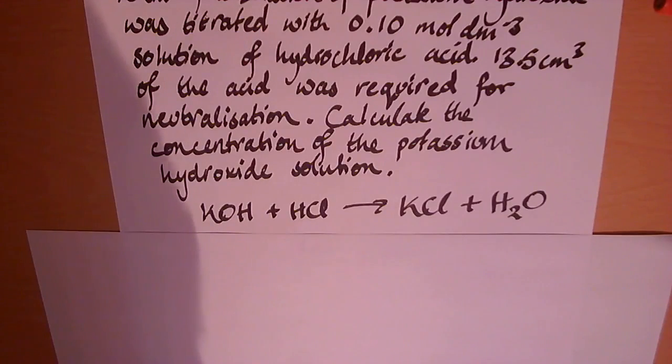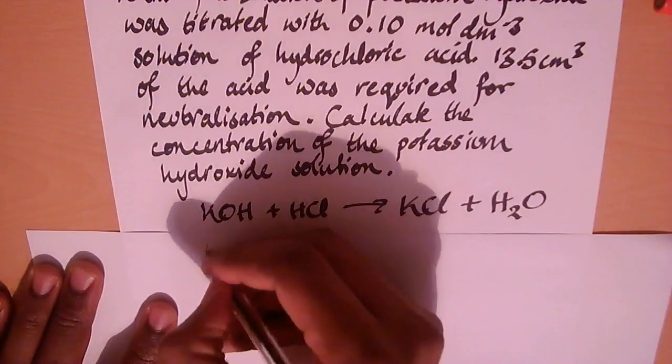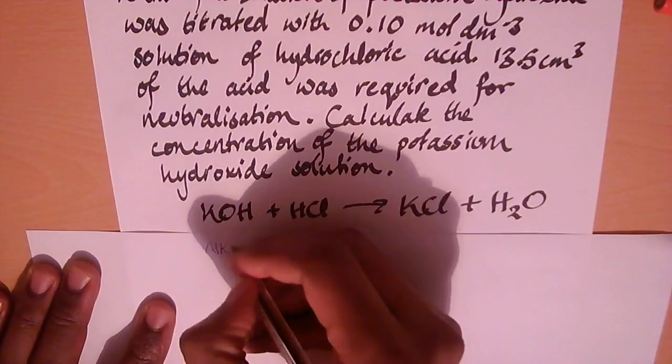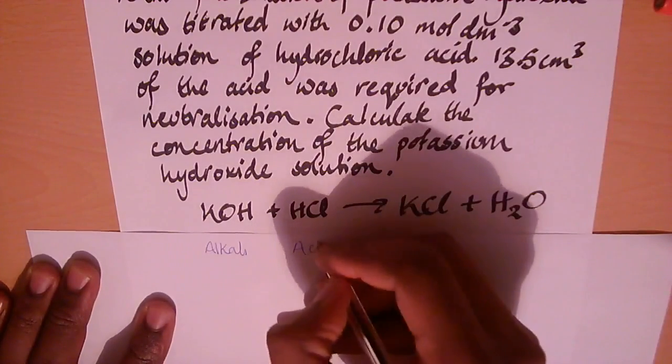Okay, the next thing we've got to do is to actually draw a table. So this table will help us to answer the question. It's a very simple format. So underneath the alkali, we're going to write alkali. And underneath the acid, we'll write acid.